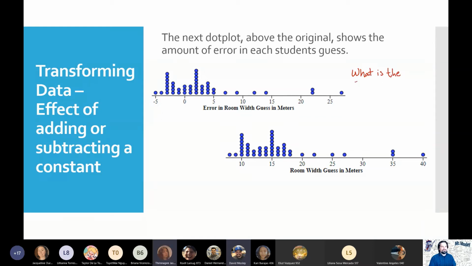The gaps are different. Okay, the gaps are different. What do you mean by that? Like, for the first one, there's 15, and then there's a gap to, like, 20, I want to say 23.